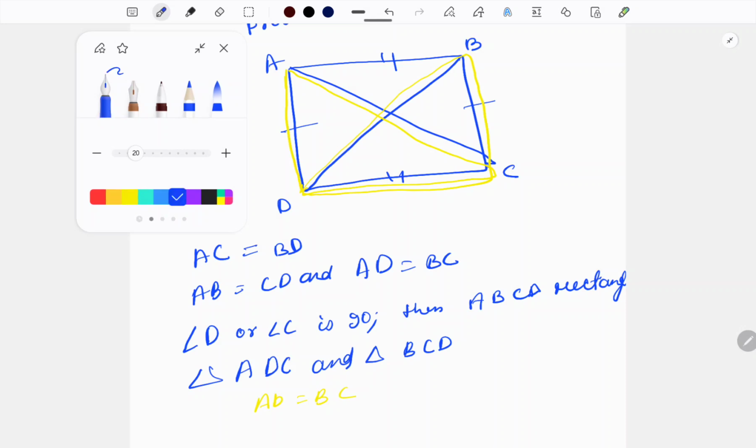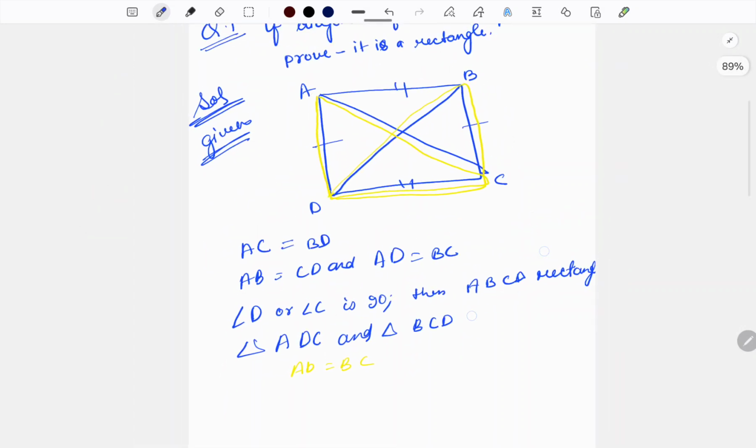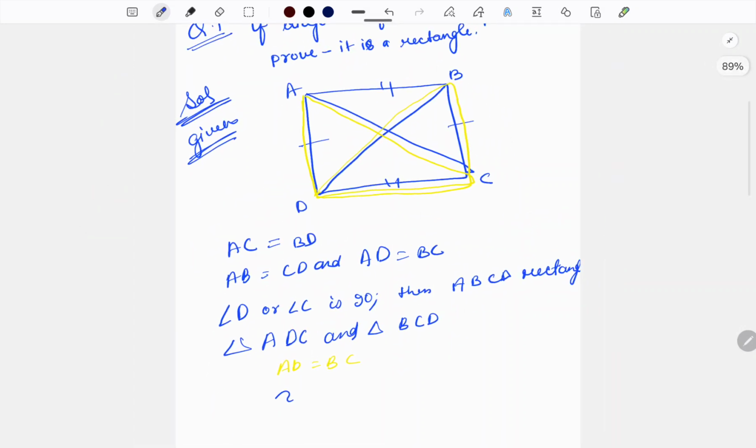Yes, we know. Now AC is equal to BD. This is already given. And DC is common to both. These 2 points were given.